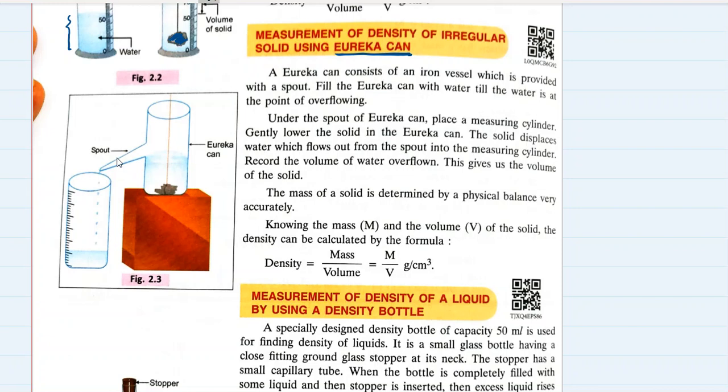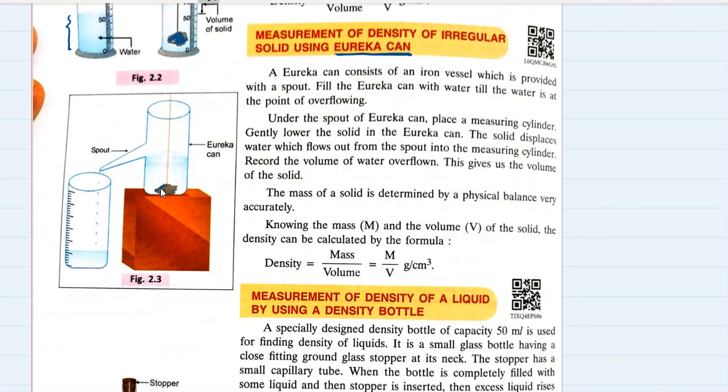If you fill it with liquid, and then if you suspend an irregular solid in that particular Eureka can, some of the water will be displaced, and this displaced water comes out from a spout. So from the spout, whichever water is getting displaced or coming out, you fill it in a measuring can and measure the amount of water which is flowing out through the spout. That is the amount of water displaced, which is exactly equal to the volume of the submerged solid.